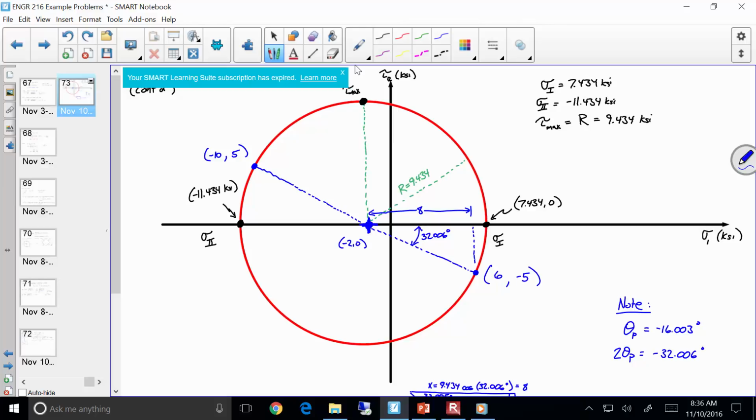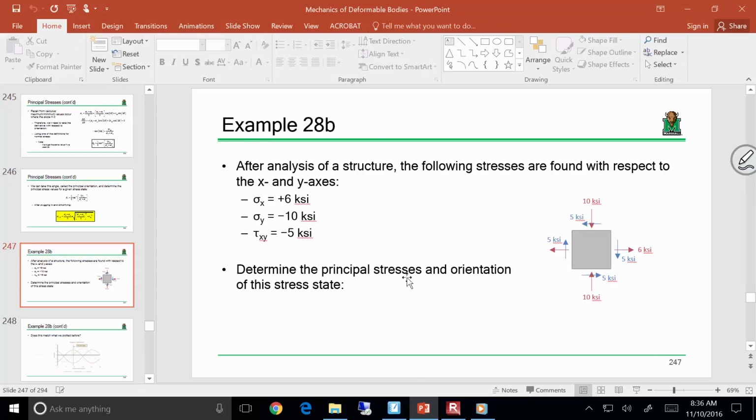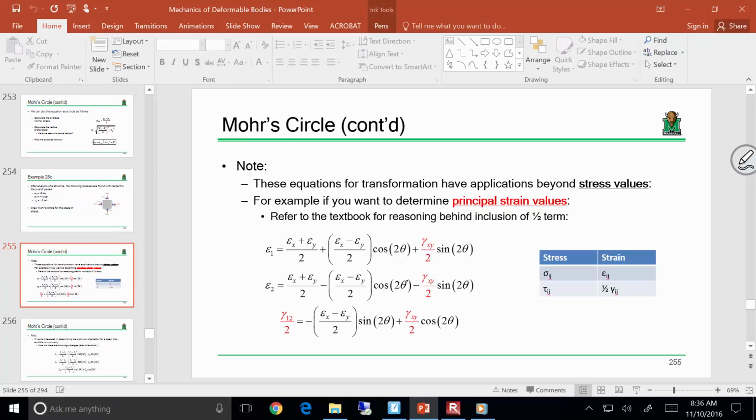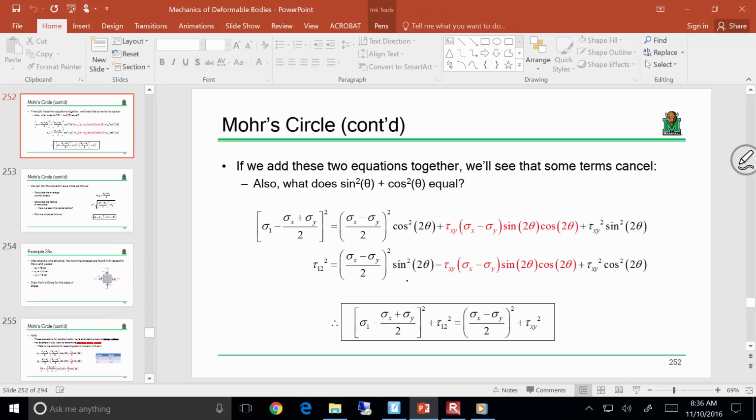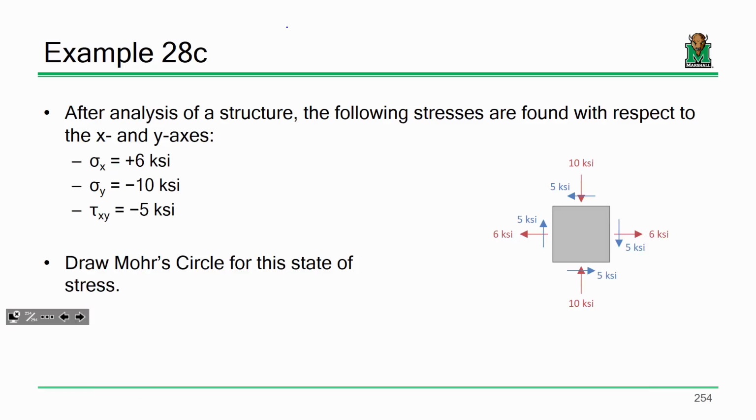Okay, now what we're going to do is employ some of this stuff a little bit. I think that all in all, this is a pretty nifty example, but it's based on some arbitrary numbers, you know, 6 KSI, a negative 10 KSI, or 5, what have you.